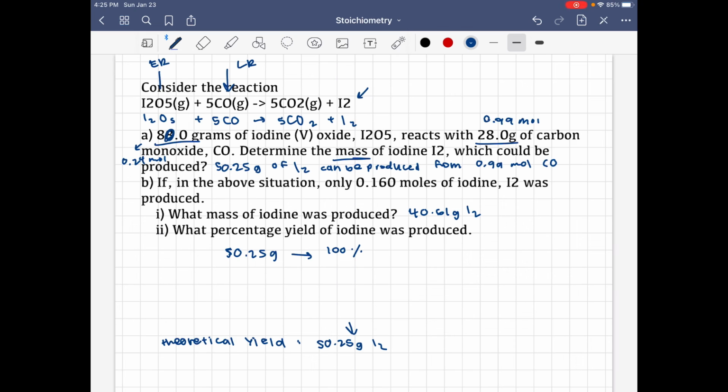So this is our theoretical yield. Theoretical means 100%. So what is the percent of this?